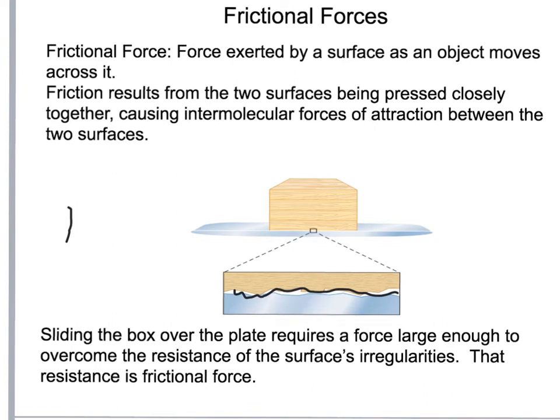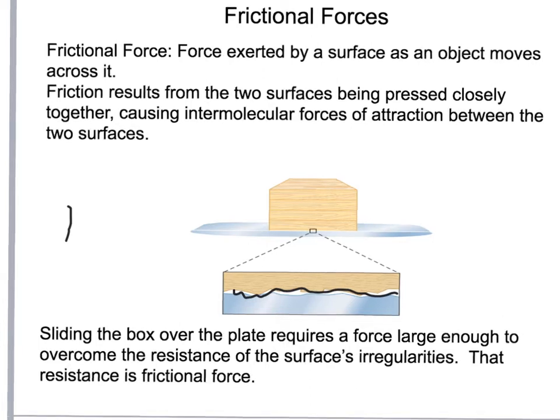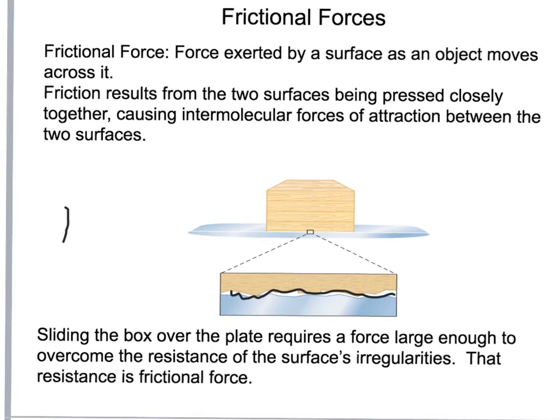Sliding the box over the plate requires a force that's large enough to overcome the resistance of that surface's irregularities. And that resistance is the frictional force. So we want to get this box to move, and so we have to overcome a threshold to get that box in motion, and that resistance is a frictional force too.